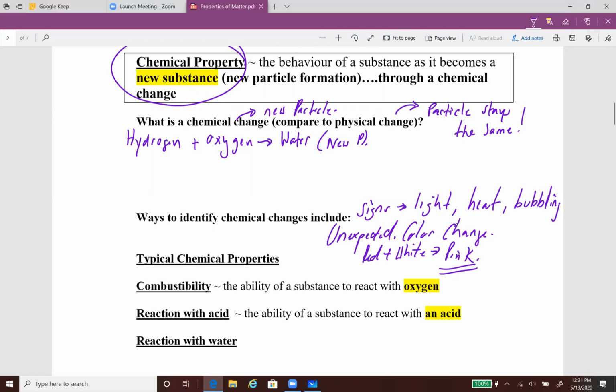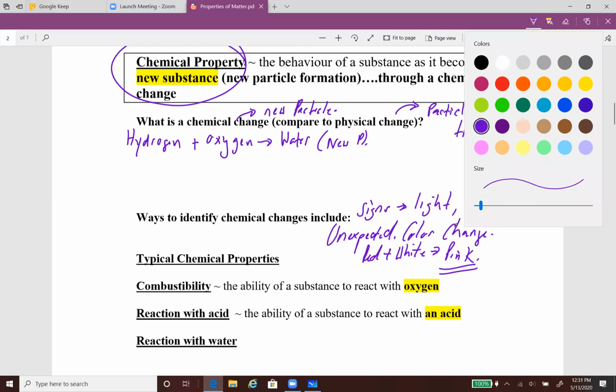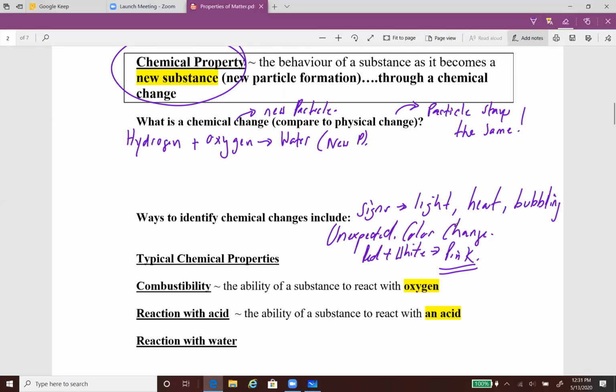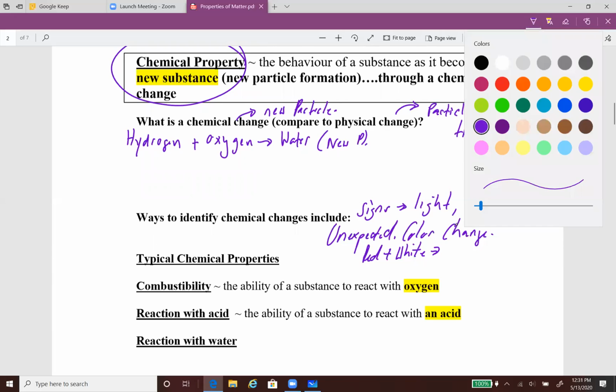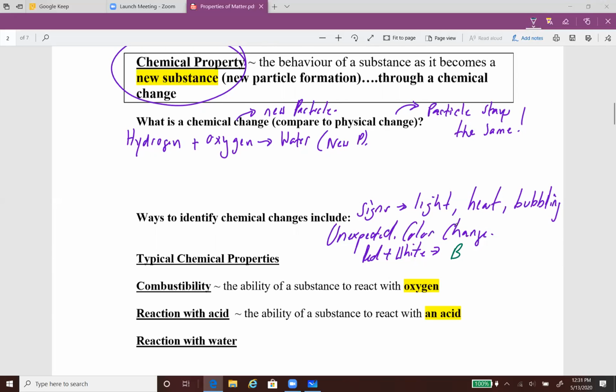But if I mix a red and white substance together, and for instance, I get maybe blue, now that's not expected. That would probably be a sign of a chemical change having occurred. Okay, but in any case, that's the difference between a chemical and physical change.